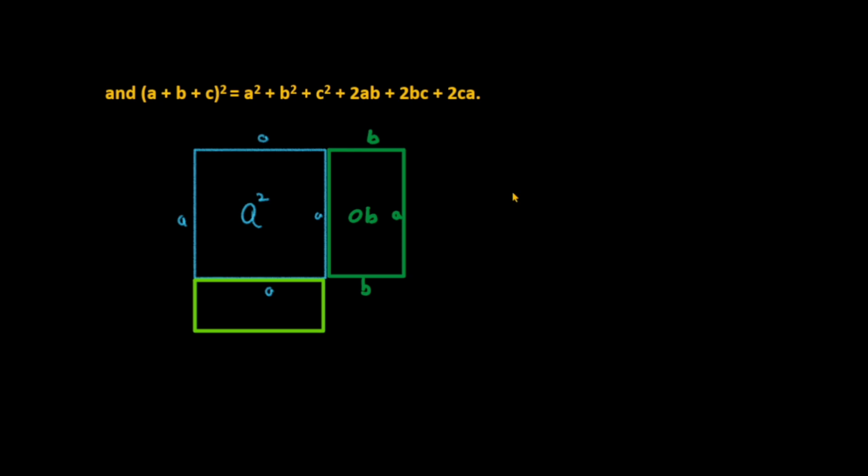Here side length A, breadth B. So the occupied area is AB.